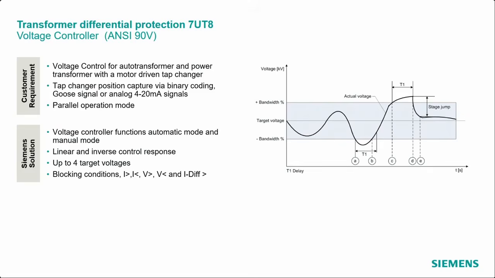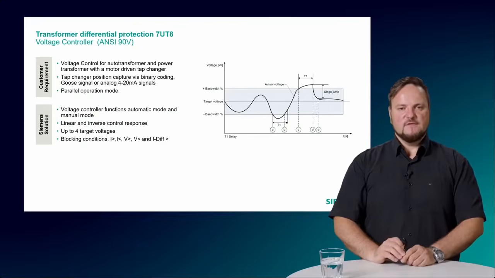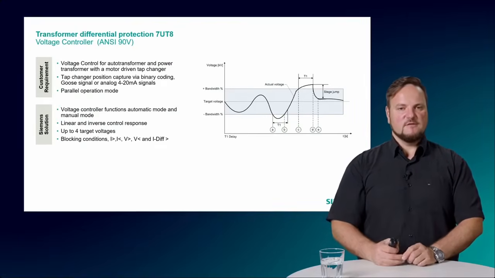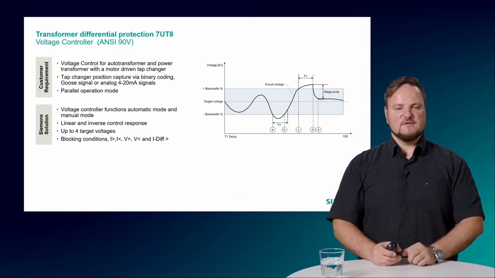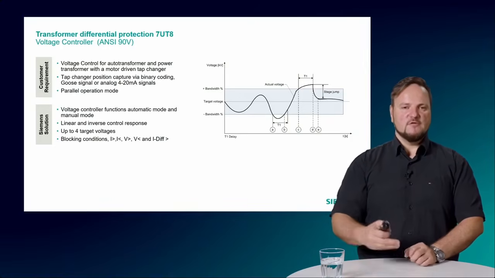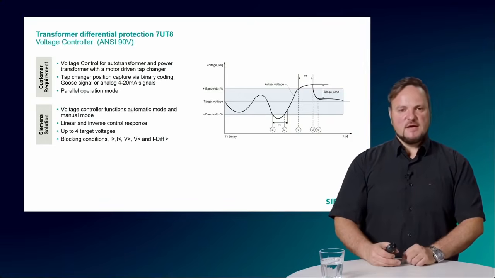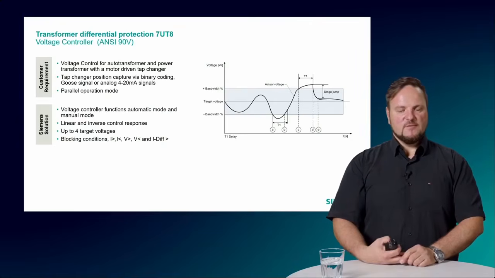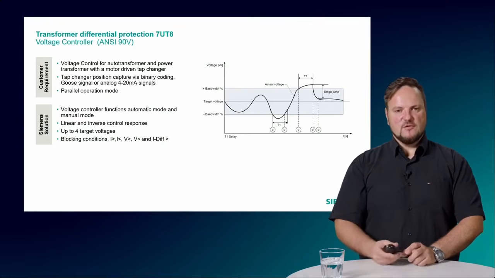That means in regard to the actual flowing power, in case of a power direction, we can control the target voltage as well. We can set up to 4 fixed target voltages in the settings, but we also have the possibility to send each target voltage via the SCADA system to the controller.